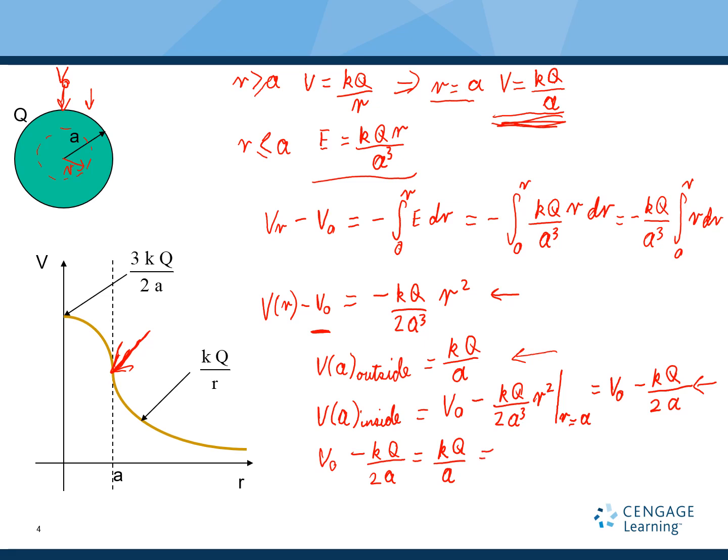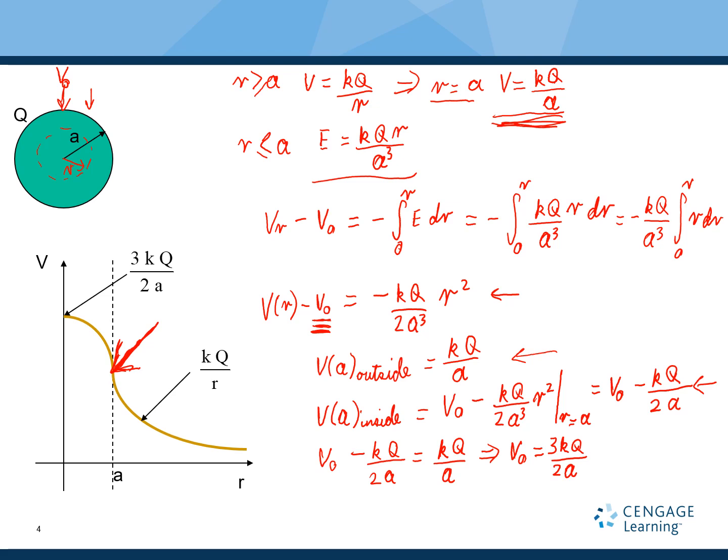Which tells me that the constant V0, which is the potential at the center of the ball, should be equal to 3kq divided by 2a. This is the condition needed to ensure that we do not have any sudden jump in the potential at r is equal to a. So that's very important. And that gets us through our caveat 3. So we essentially realized that we had to be very cognizant of the constant of integration in order to avoid a jump in the potential.